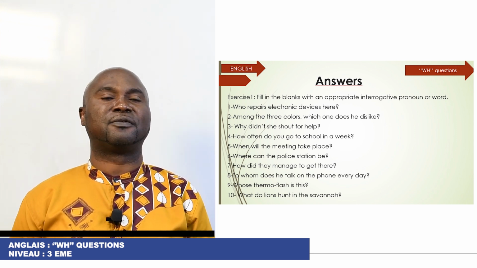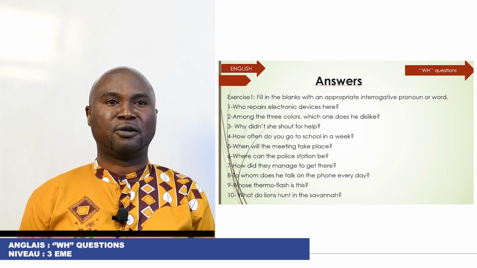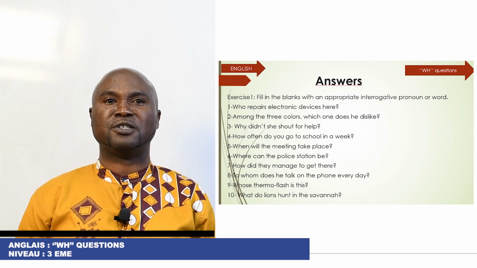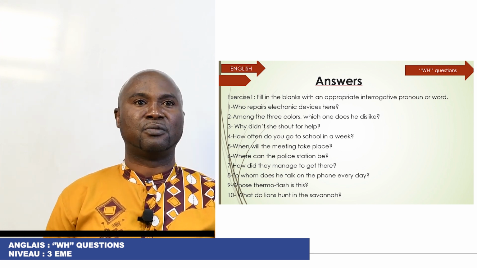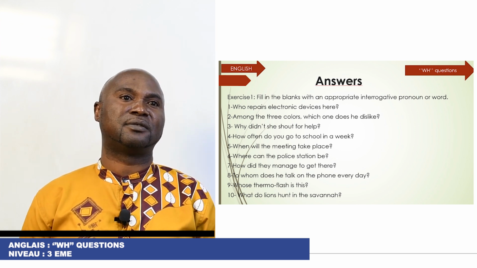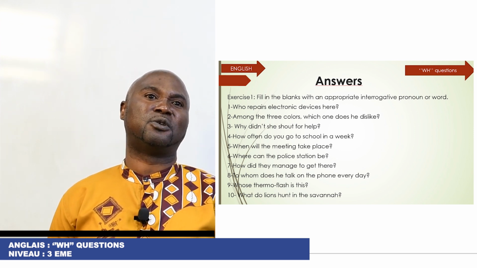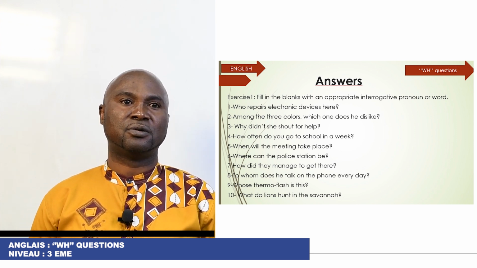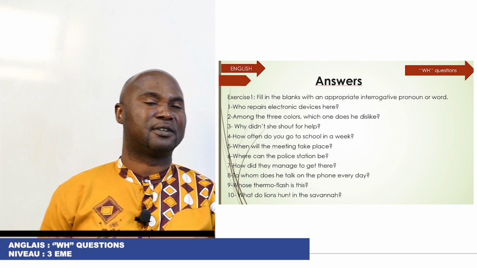Why didn't she shout for help? How often do you go to school in a week? When will the meeting take place? Where can the police station be? How did they manage to get there? To whom does he talk on the phone every day? Whose thermoflash is this? Who do lions hunt in the savannah?